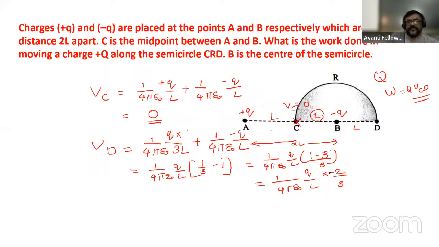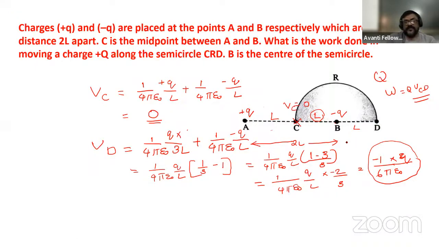We can cancel, and it becomes 1 by 4 and 2 cancels to give 2, and 2 into 3 is 6, with a negative sign. This is the expression: negative Q by 6 pi epsilon 0. This is the answer.